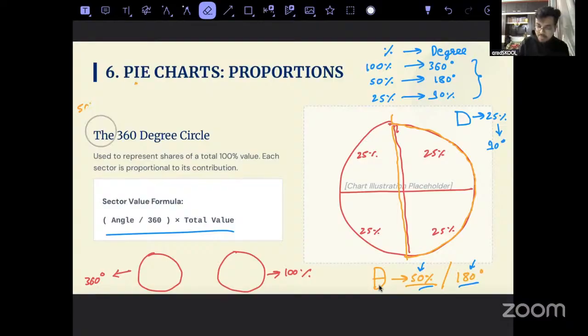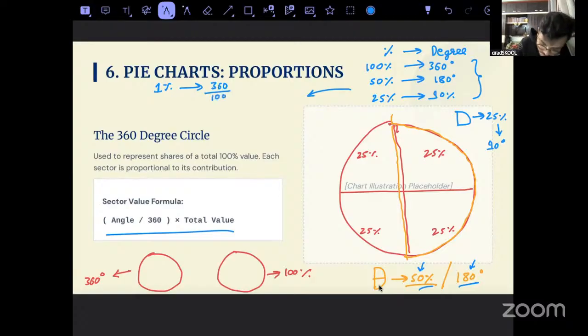From this, what we can understand is, 1% is how much? 360 degrees upon 100%. So 50% from here becomes 360 upon 100 into 50.